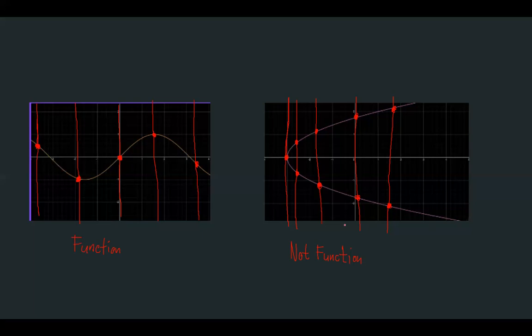Unlike here, as you can see, I just drew 5 vertical lines. 4 of these vertical lines intersect at 2 points. Hence, that is not a function anymore. All right. So that's already a different scenario.